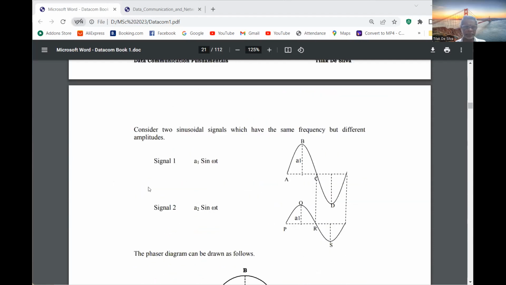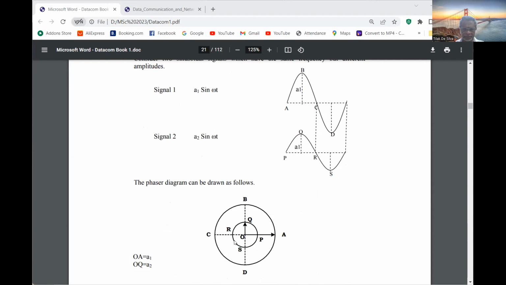Now there are two signals. Signal 1 has 0 degrees phase shift, and signal 2 is here. It is actually two sinusoidals with two amplitudes. So these two signals can be drawn in a phasor diagram like this.